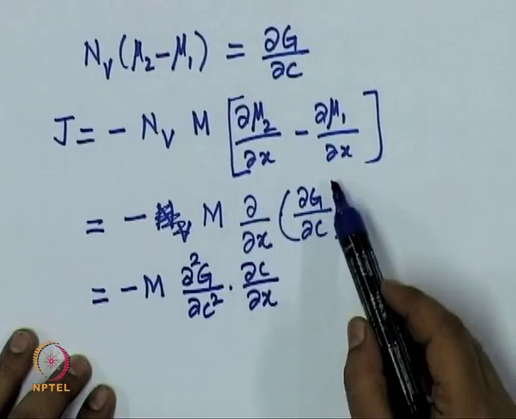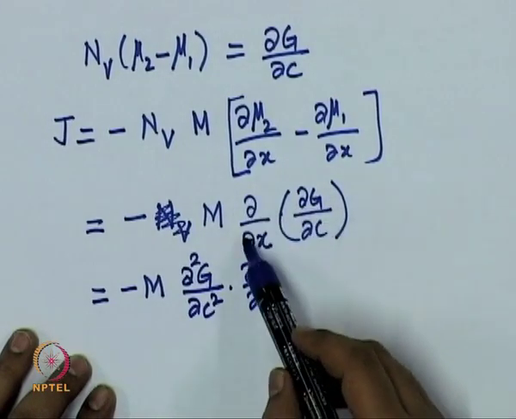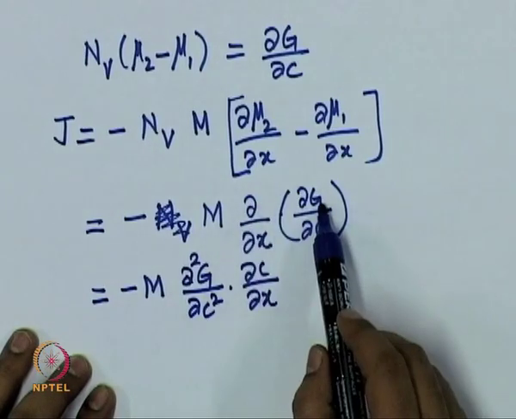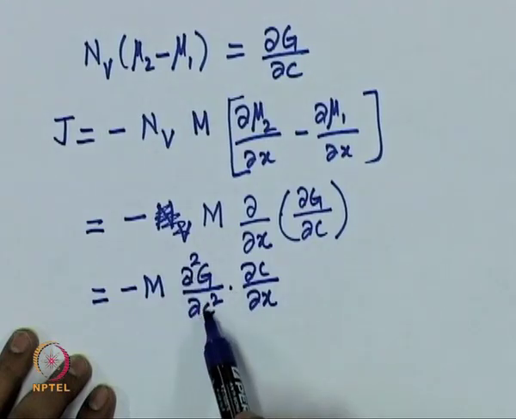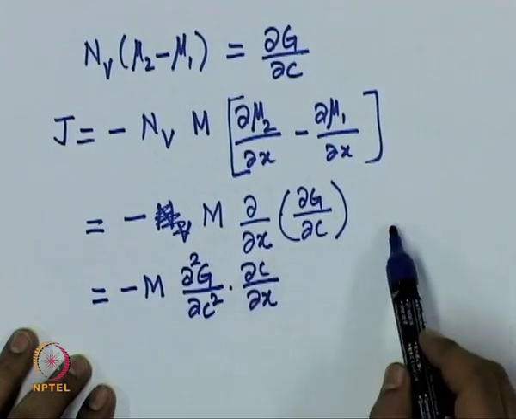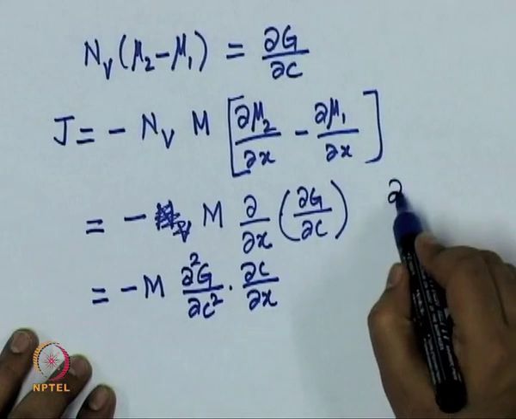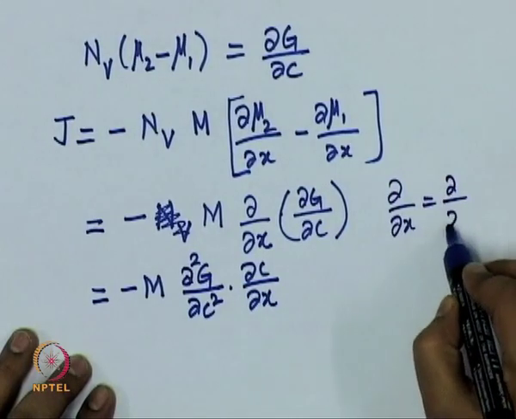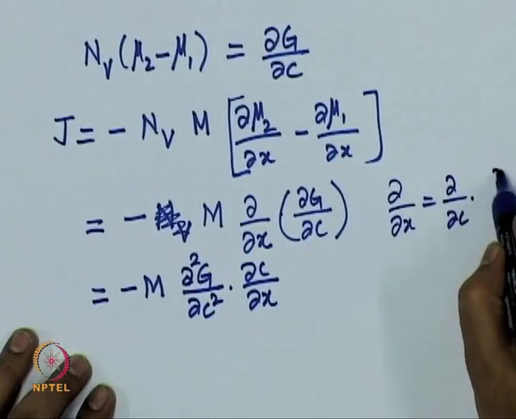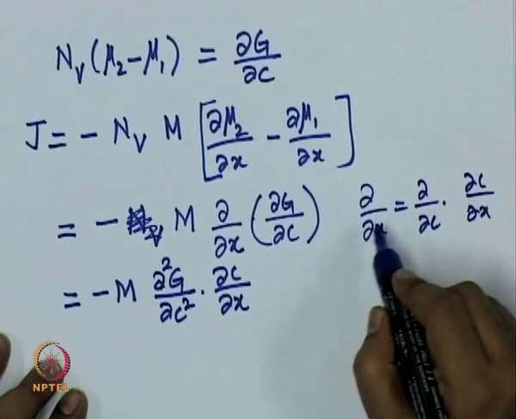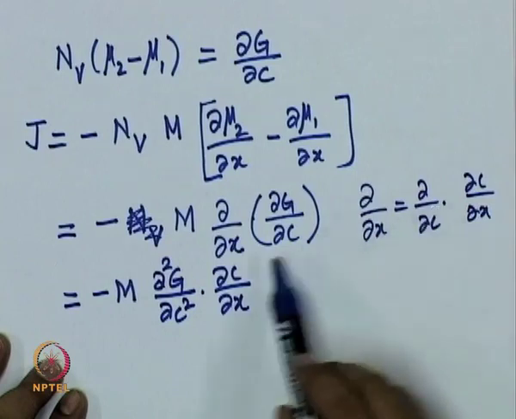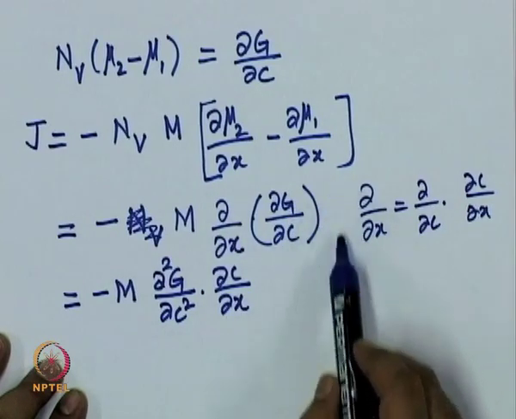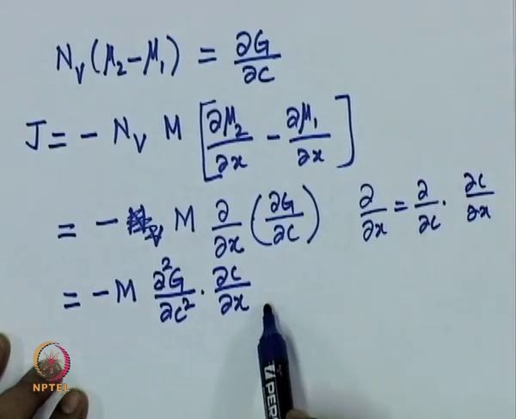Instead of ∂/∂x acting on this quantity, I am going to say that ∂/∂x is nothing but ∂/∂C into ∂C/∂x. So, ∂/∂C acting on this is going to give me ∂²G/∂C², and so ∂C/∂x. So, what did I do? I replaced this operator by ∂/∂C and ∂C/∂x, I multiply. Instead of ∂/∂x operating, I made it ∂/∂C operating on this. Because of that, I had to multiply by ∂C/∂x. So, this is what I have done.